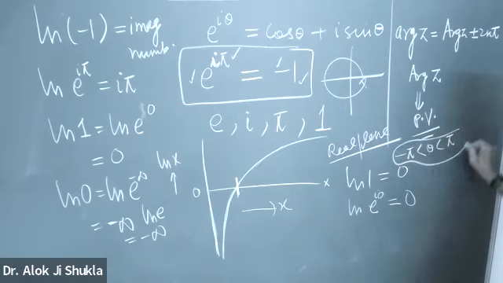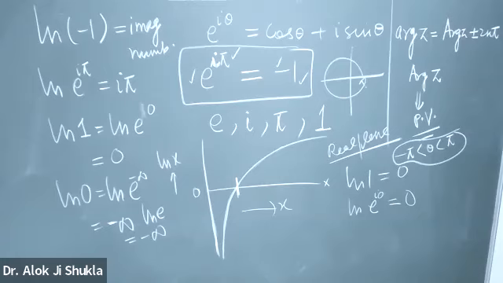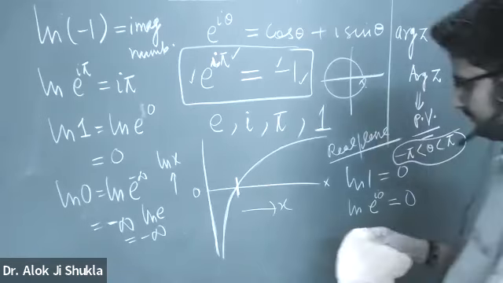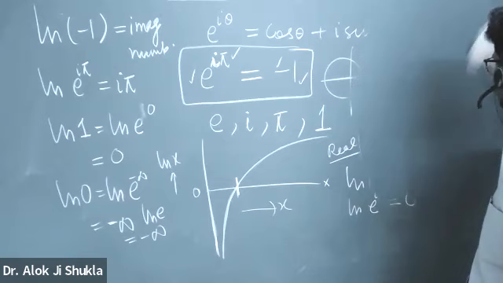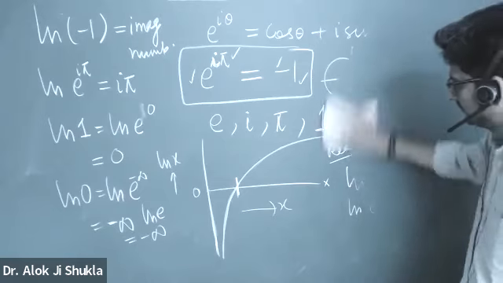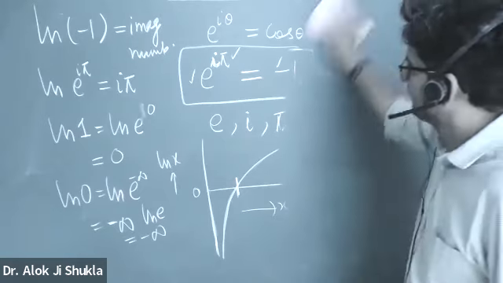So you will write a unique value which only lies between this. So that is kind of characteristic also. Okay, sir. तो यहाँ तक क्लियर है सबको? Yes, sir.